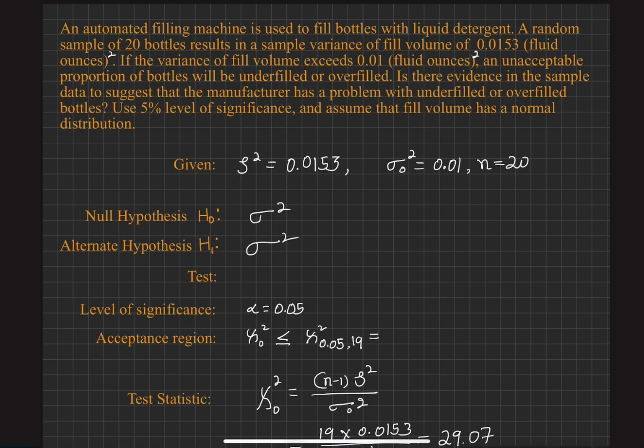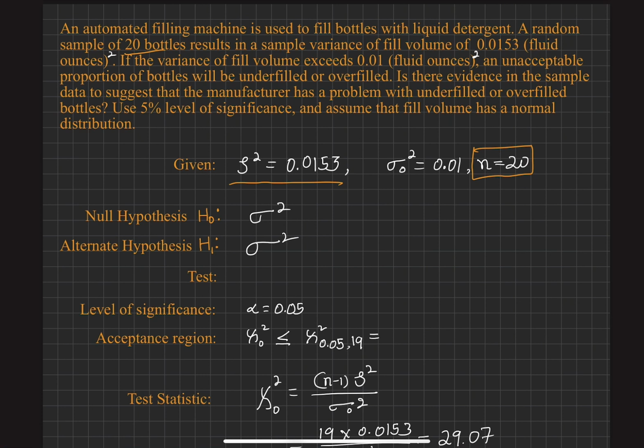Let us consider the given things in the problem. First, it is given that we are considering a sample of size 20, that means n value is 20, and sample variance is listed as 0.0153, and it is expected that population variance must be 0.01.